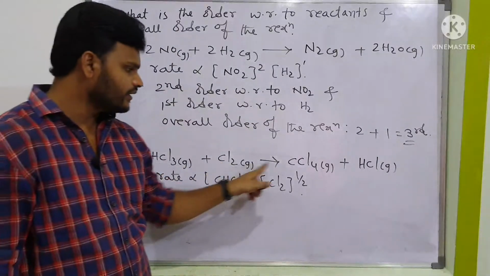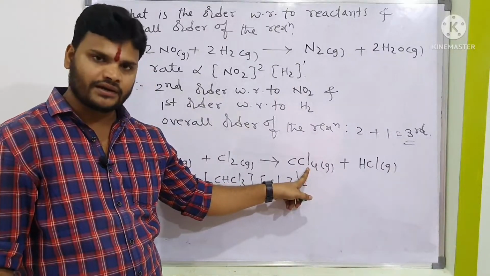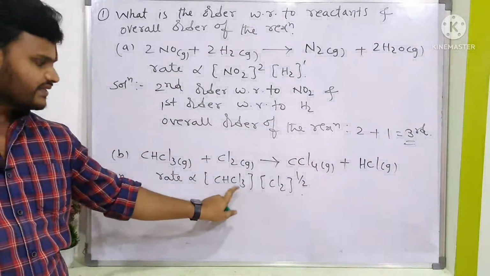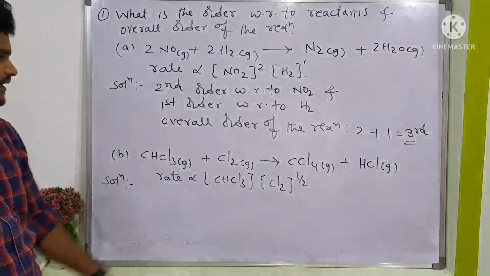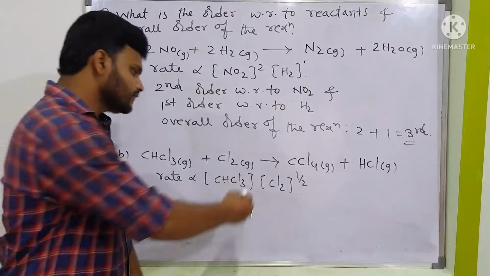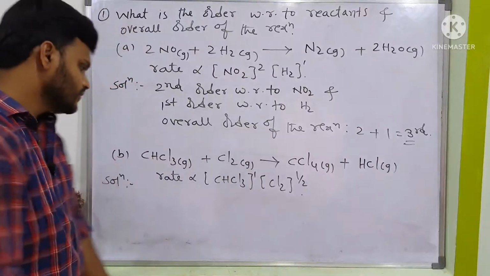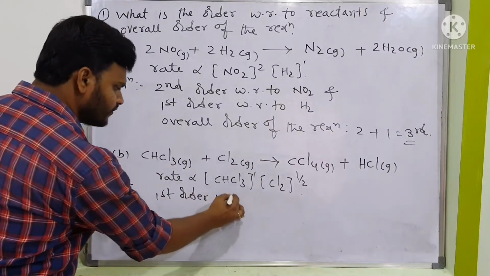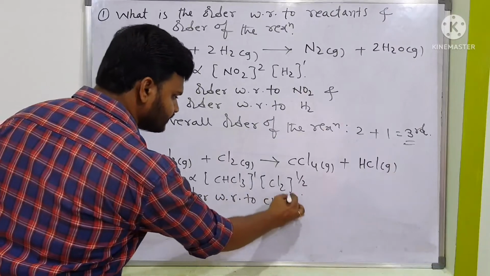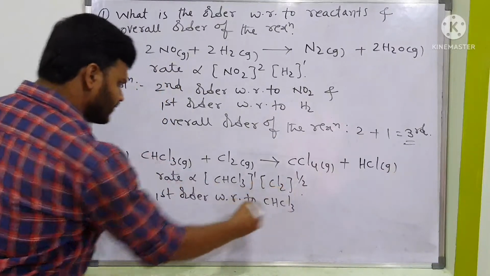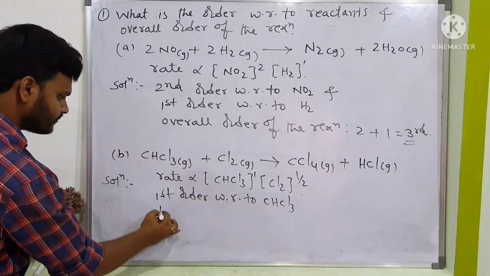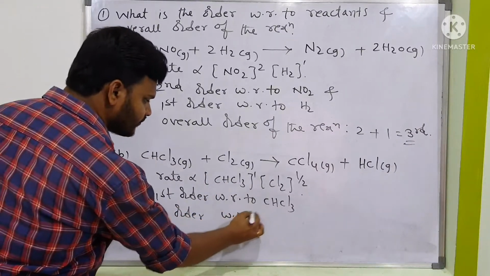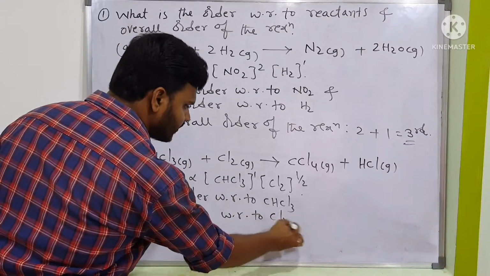Next, CHCl3 chloroform. Chloroform react with chlorine gives rise to carbon tetrachloride and HCl. So here rate expression दिया. This is the deciding factor. Yeah. So देखो students, CHCl3 power कुछ भी नहीं दिया बोले तो meaning 1. So here first order with respect to chloroform and 1 by 2, that means fractional order, half order, with respect to Cl2.